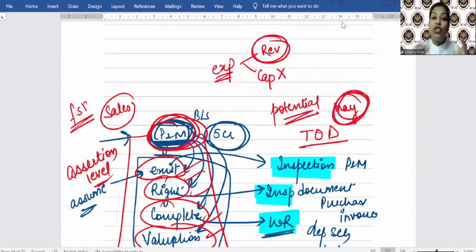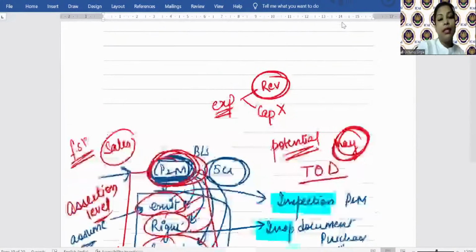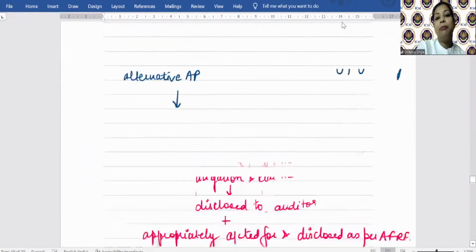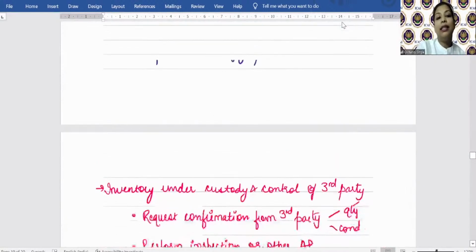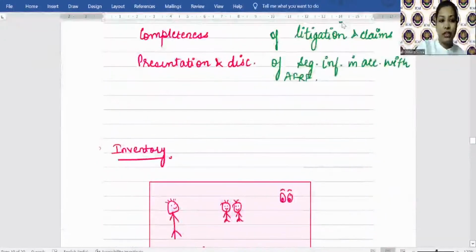So the auditor is going to check each and every assertion that is appearing in the financial statement. It may be explicit or implied, which are embodied in the financial statement. Why? Because he needs to detect whether there are potential misstatements that may occur in such assertions.